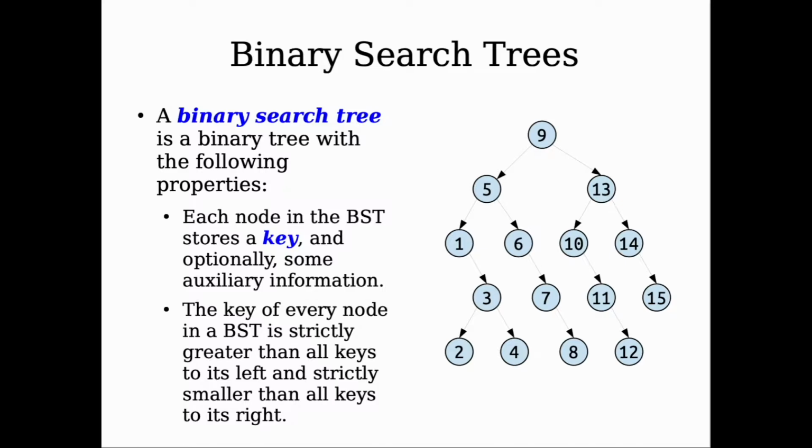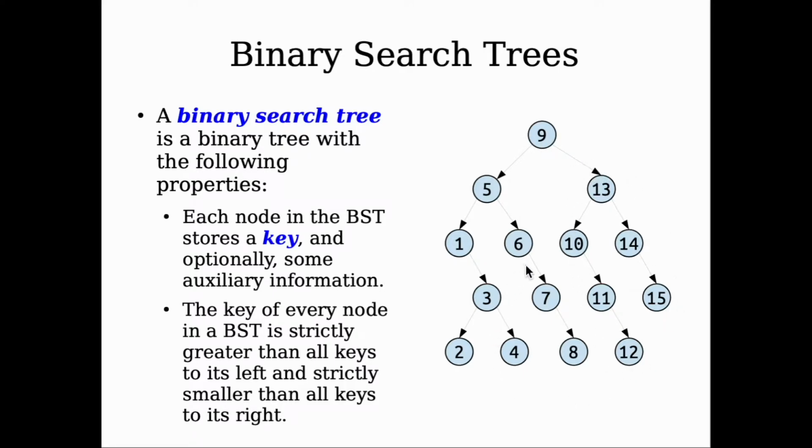The second property is that every node in a BST is strictly greater than all keys to its left and strictly smaller than all keys to its right. So, for example, if we look at 9, all nodes na nandun sa left subtree are smaller than 9, strictly smaller than 9, so walang 9 na nag-exist, and all nodes greater than 9 ay nasa right subtree.